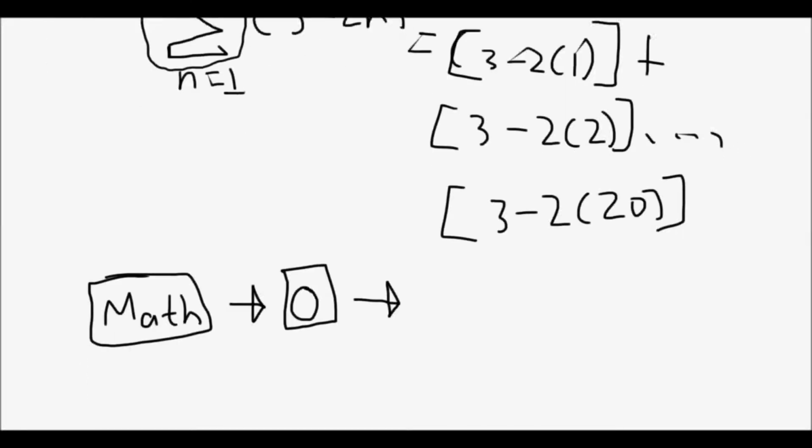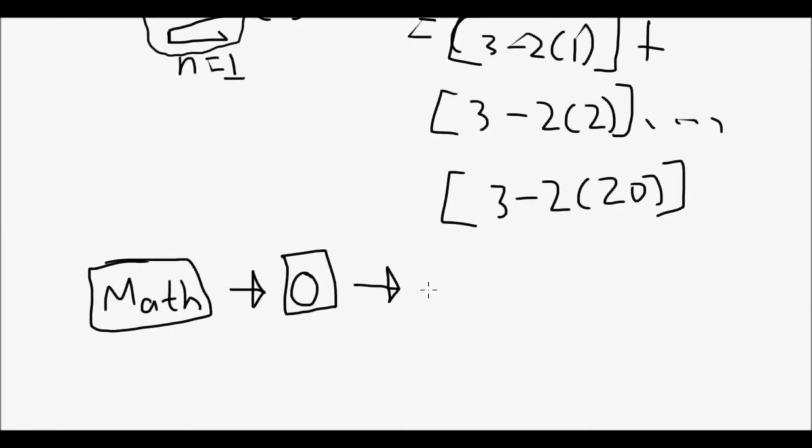After that you want to put 20 on the top part of the summation sign, and on the bottom you want to have x equals 1. Then in the brackets in front of your summation sign you want to input the function that you're given, and this is 3 minus 2x.